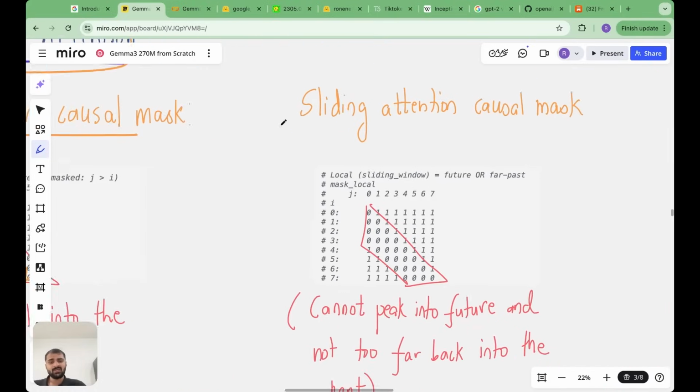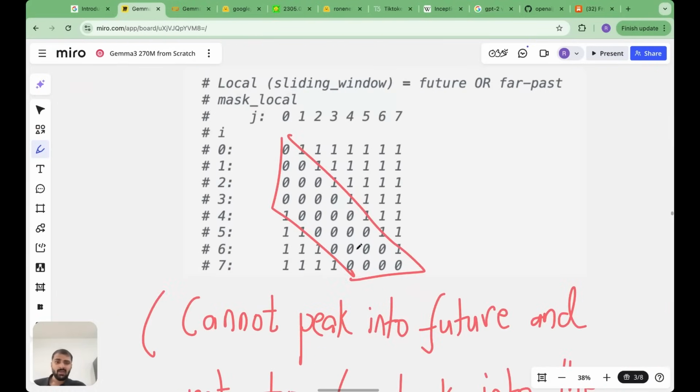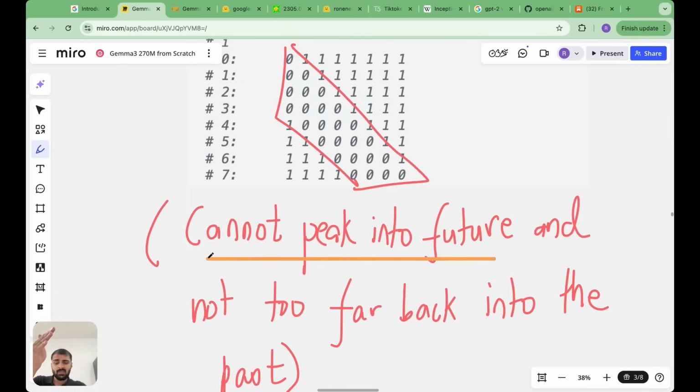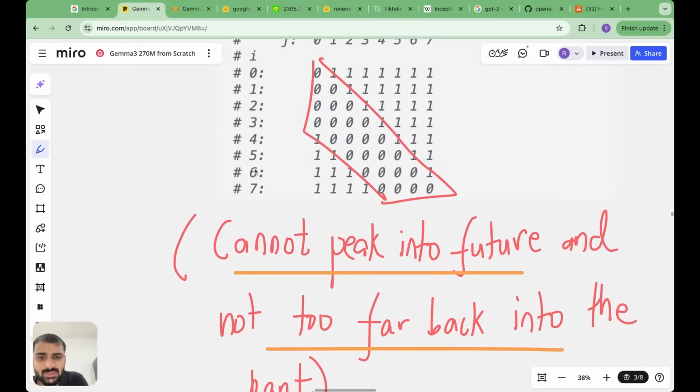What sliding attention does is that every token can not only not peek into the future, but it also cannot look too far back into the past. So for example, now this token cannot peep into the future, sure, so it does not have access to this. But in sliding attention, it does not even have access to these tokens which come way before it. It only has access to two or three tokens which come before it.